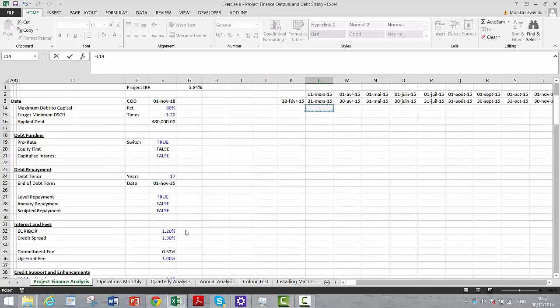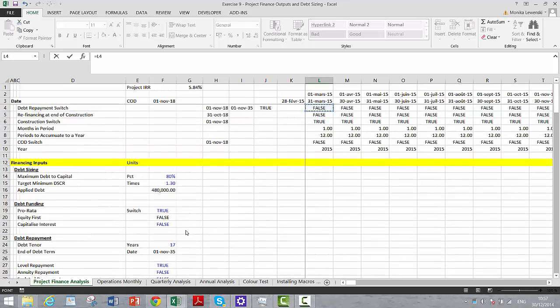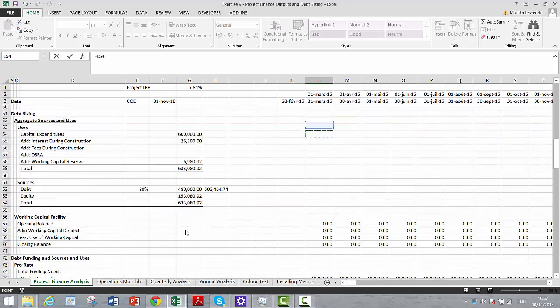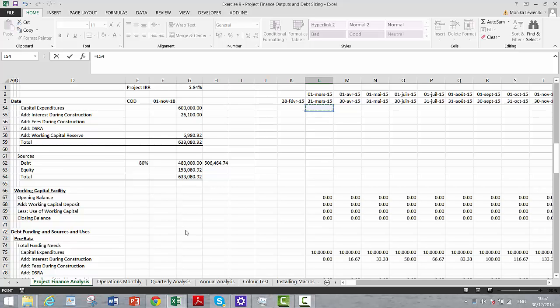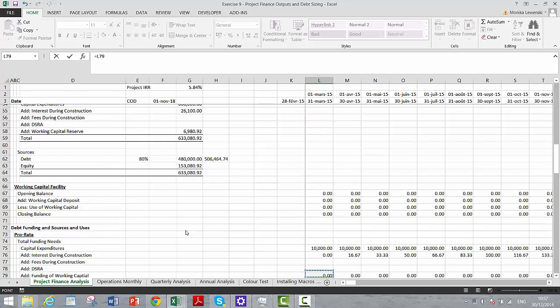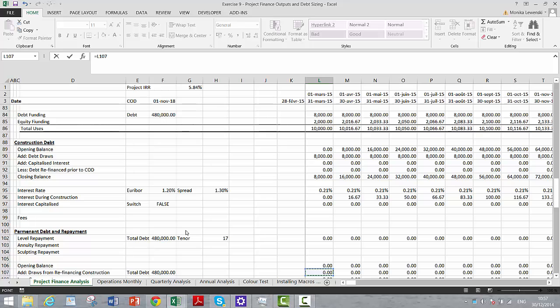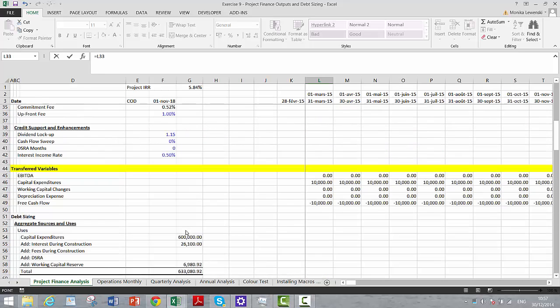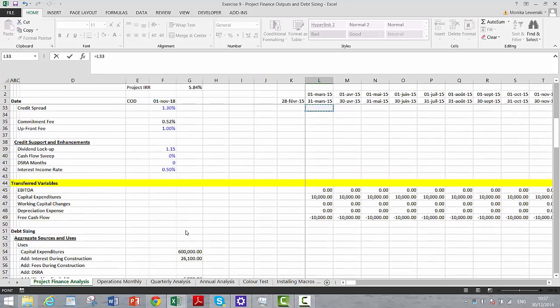Now, if you want to verify the model and start checking things a little bit, there's free cash flow right at the end, 10,000, the minus 10,000.